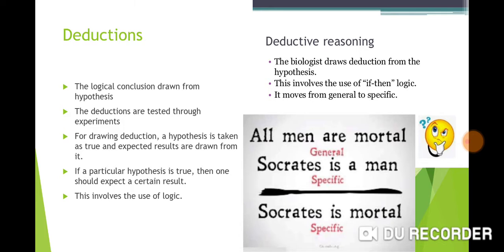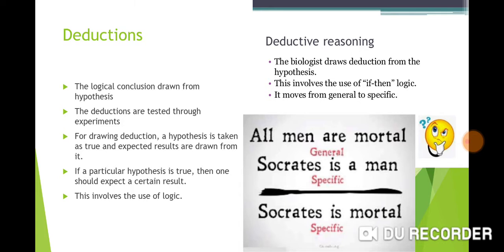Whether the hypothesis I said is true, or whether the statement I gave, that turning off the valve of water will stop the water from getting wasted, I can expect that it might be true. And if it might be true, then what would be the result? And it involves the use of logic. We can use if-then logic behind it, that is from general to specific.